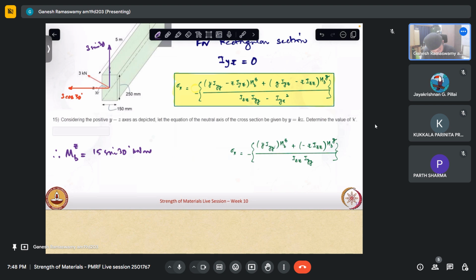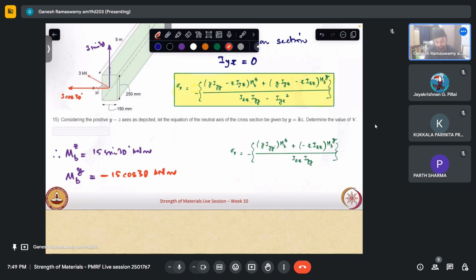Similarly, MBY is nothing but 3 cos 30 into 5 again, so it will be 15 cos 30, except this will cause, so this will be negative because when z is positive, this will create a compressive stress.